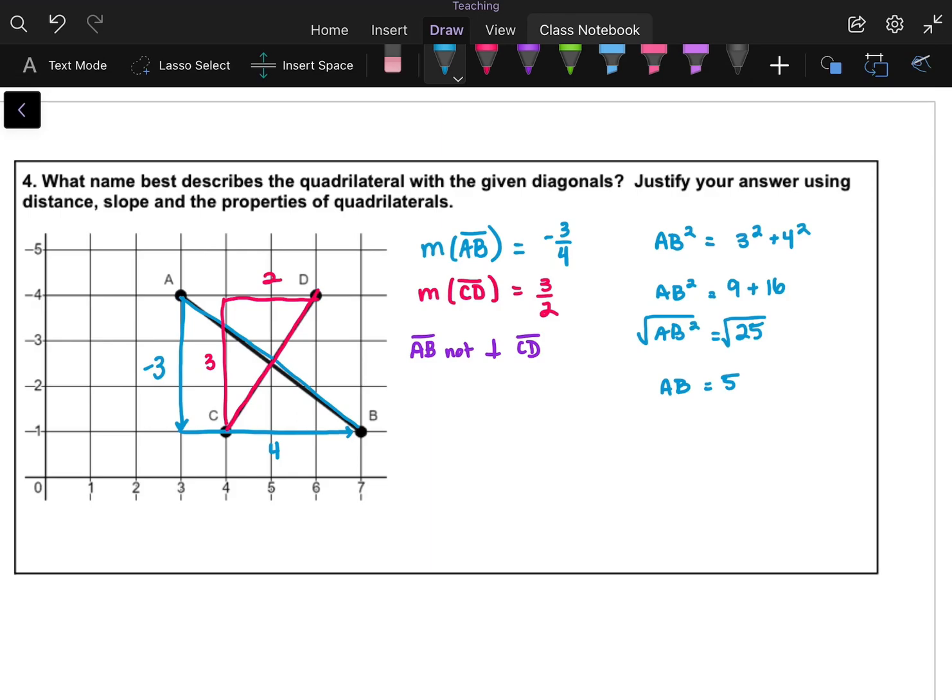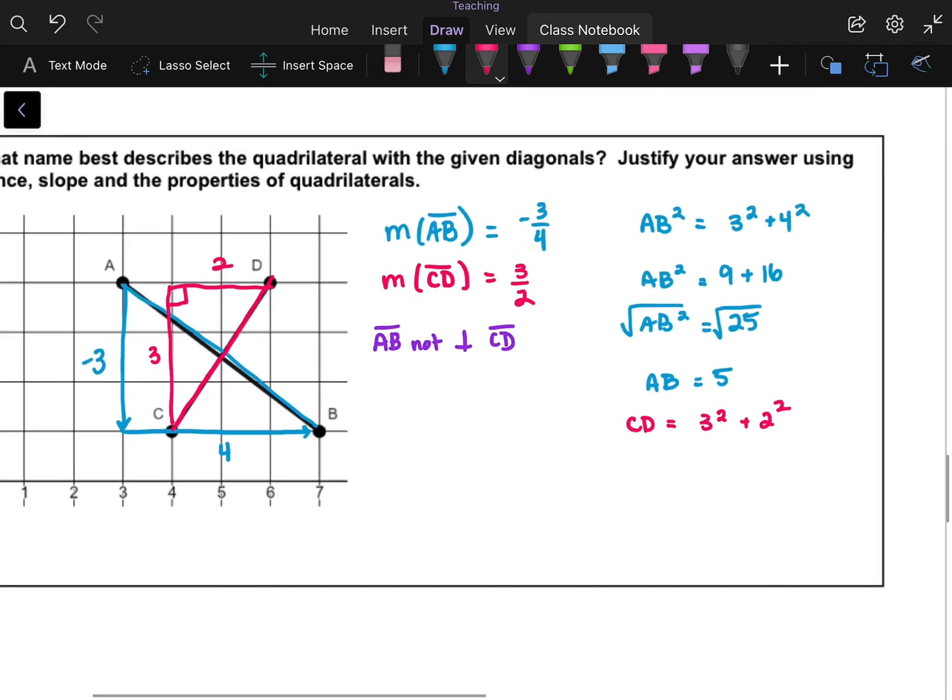The next thing we're going to look at is the length of our other diagonal. So the length of side CD squared is equal to 3 squared plus 2 squared, right? We have our right triangle up here. So the length of CD squared equals 9 plus 4.